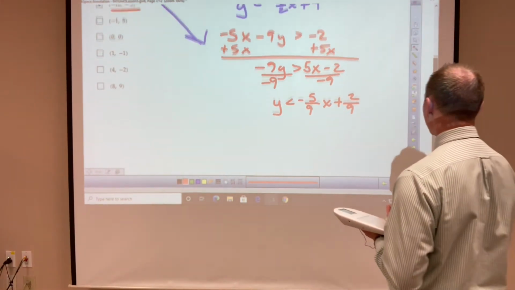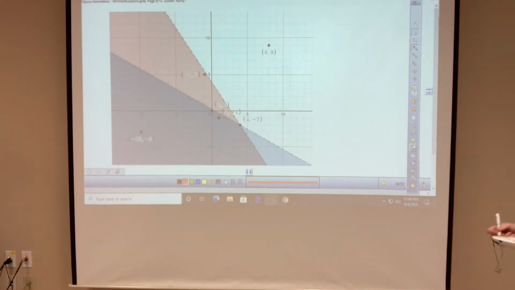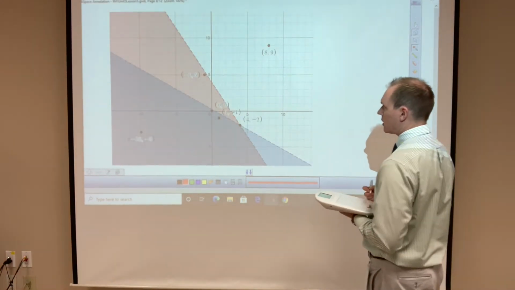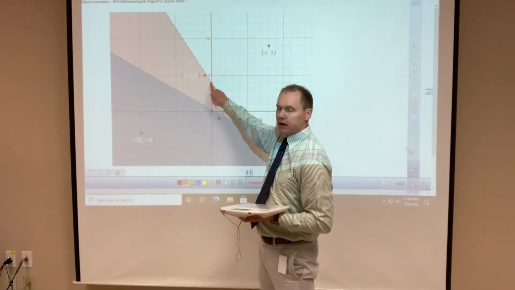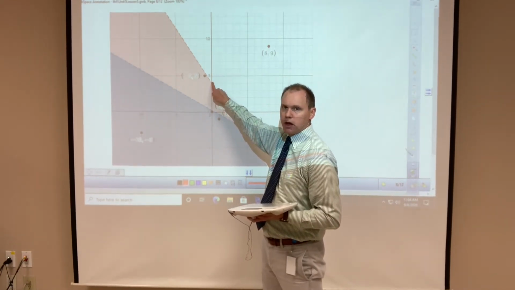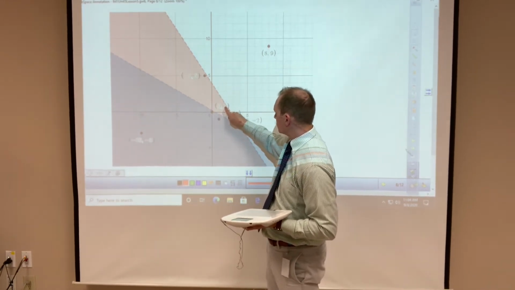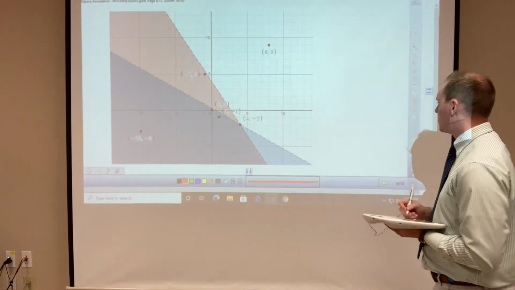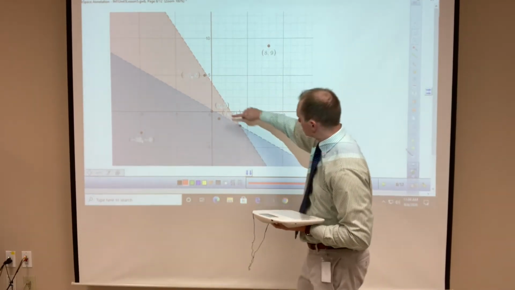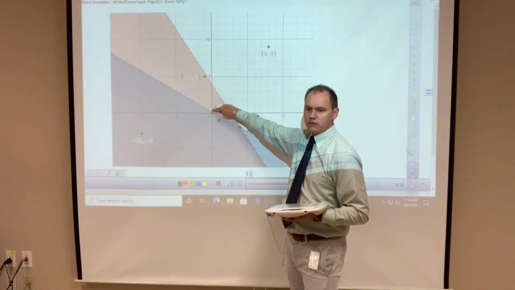So if we were to graph these, we could see it here. One of those had a y-intercept of 4 and a slope of -3/2. So down 1, 2, 3 over 1, 2. The other one had a y-intercept of 2/9, which is right here, and a slope of -5/9.